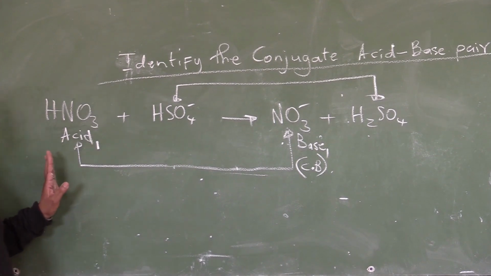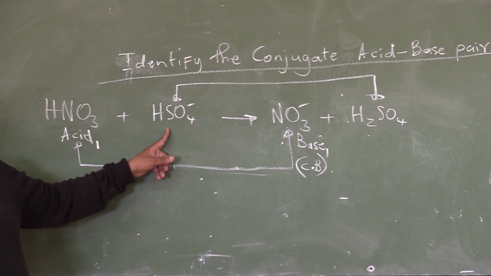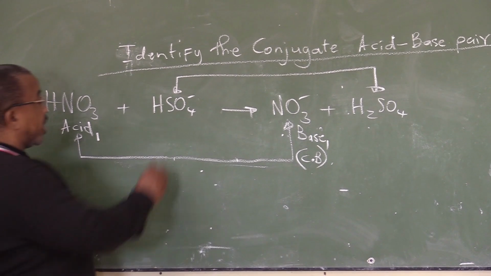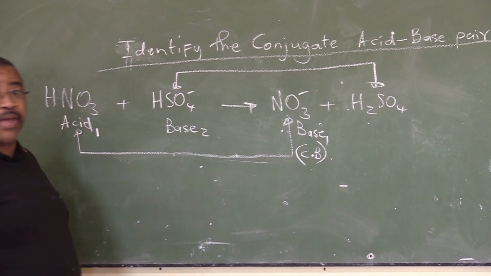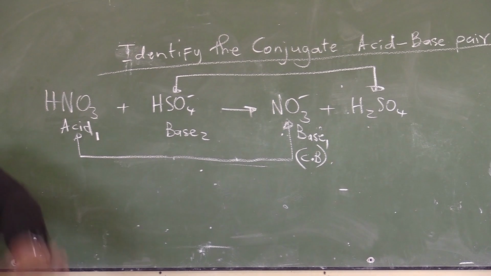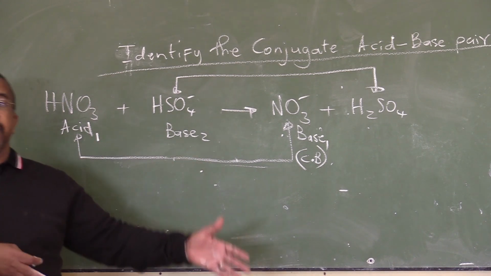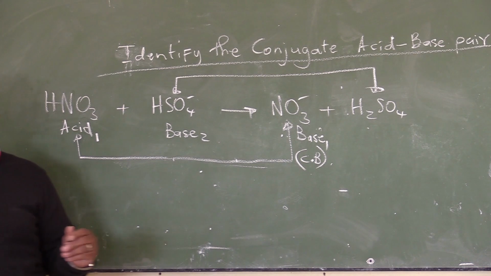Now already it says acid 1 and base 1. This one being a base, already we have base 1. So this will be what? Base 2. Why base 2? Because it was not base 1. So base 2 will always give us acid 2. Base 3, acid 3.